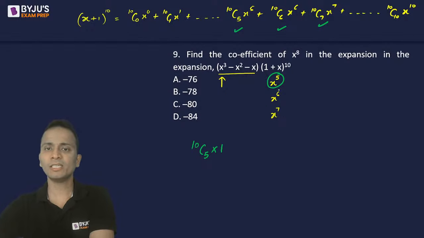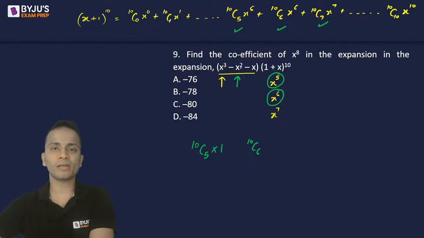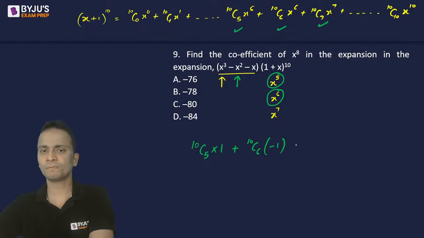Now for the next, when x raised to the power 6 coefficient will be multiplied by this term, I will have x raised to the power 8 once again. So the coefficient of x raised to the power 6 is 10c6 and the coefficient of x square is -1. So -10c6. So this will now be the net coefficient of x raised to the power 8 up till now.